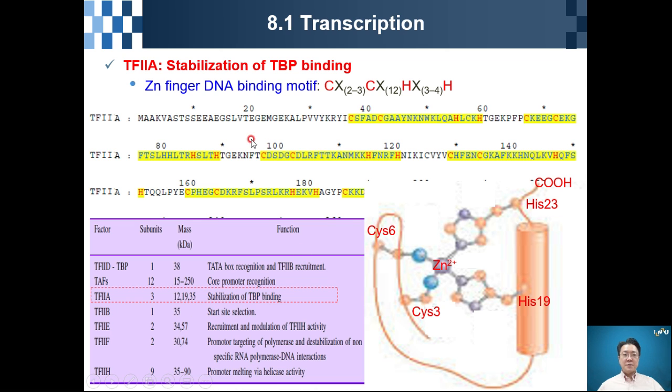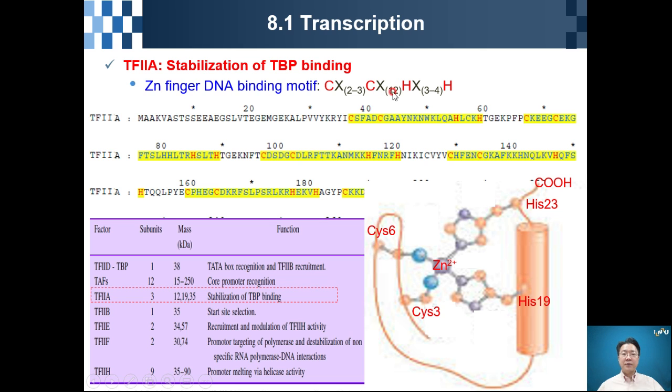It has a specific structural motif, the zinc finger DNA binding motif, which is composed of cysteine, and X means any amino acid goes here, and after that C is cysteine, and X means any amino acid goes here.